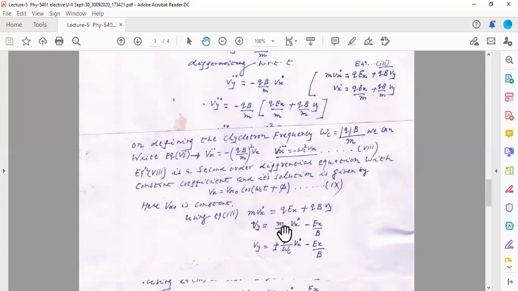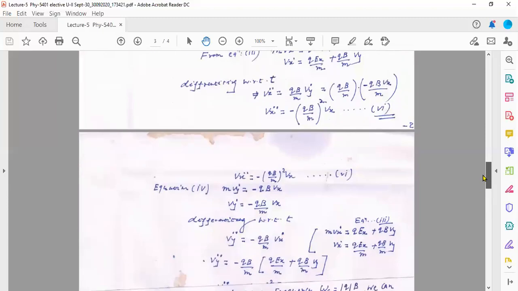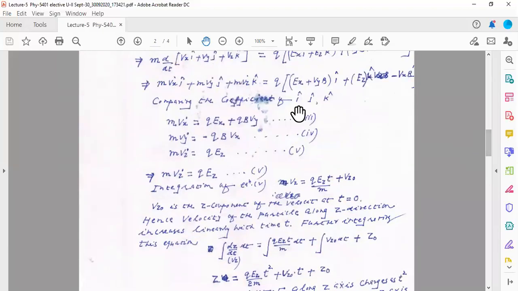To find it, I am using equation 3, which we have used frequently for derivation: m Vx dot equal to QEx plus QB Vy. I will find Vy from this equation number 3.